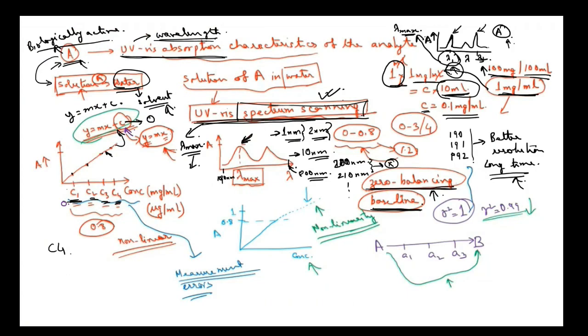So after doing the zero balancing, you should not get any intercept over here. Okay, the intercept after you do the zero balancing should be 0. Suppose there are certain deviations in the concentration, and that may lead to some intercept values.